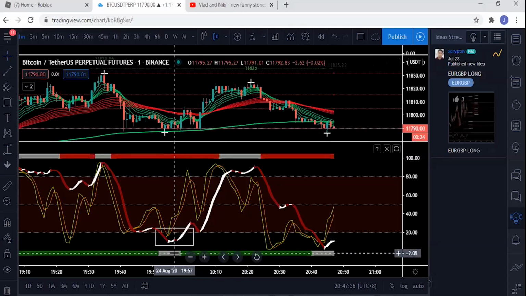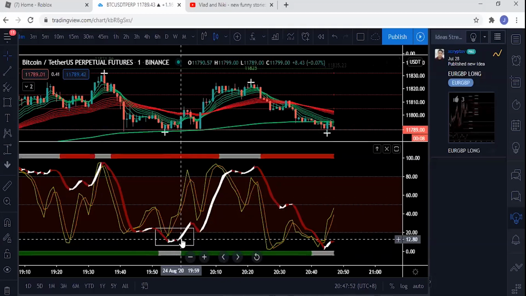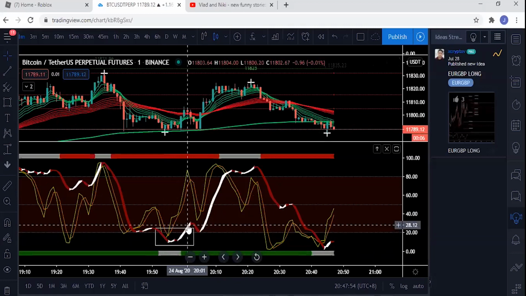This is color black; in our paid script, this is color gray. So this is not a safe entry. You enter when you already see a green line and then the shadow is color white.